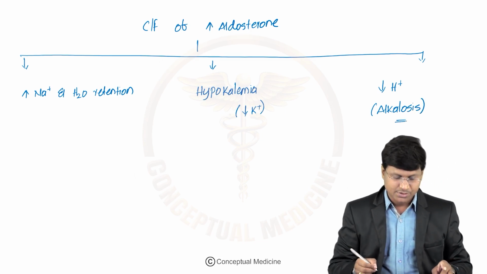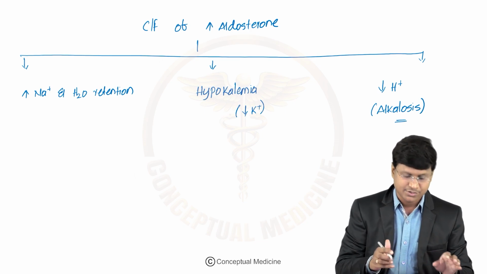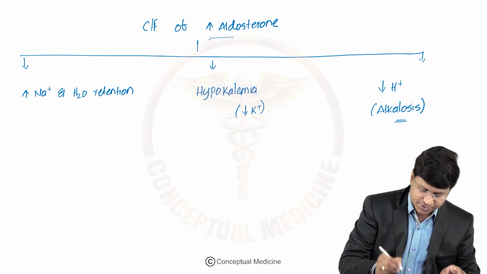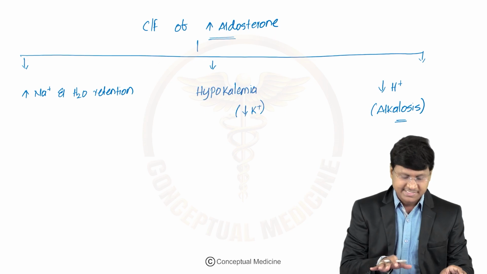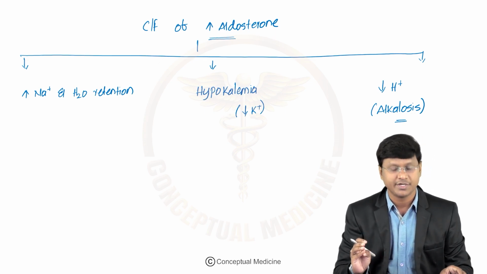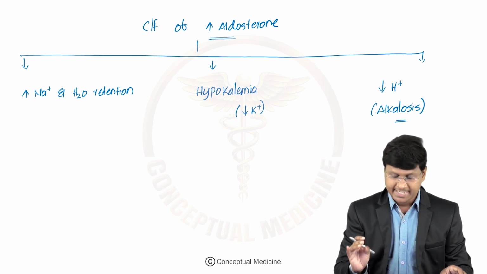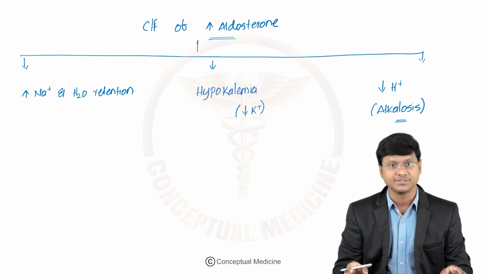So, the clinical features of hyperaldosteronism are due to these three reasons: increased sodium and water retention, potassium excretion, as well as H plus ion excretion.